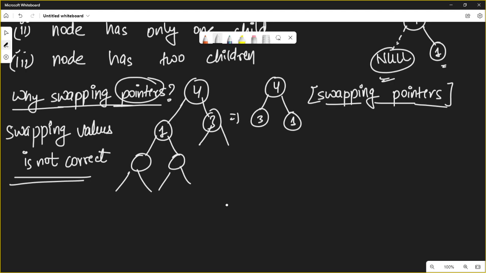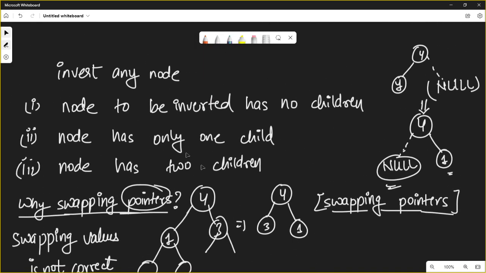That's our basic thing. And I wrote these three cases just to help you understand the edge cases in our recursive function. So we found one standard implementation, that is we want to swap the pointers, and our base case is that if our node has no children, we cannot swap it.